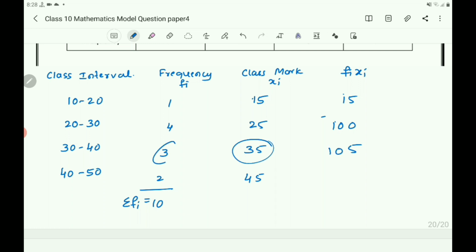So 35 into 3 is 105, and 45 twos are 90.